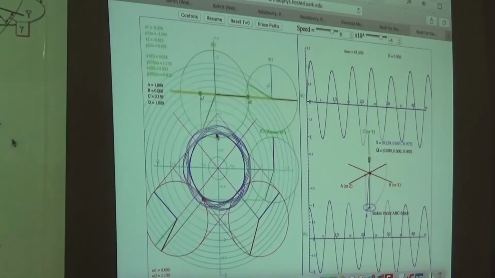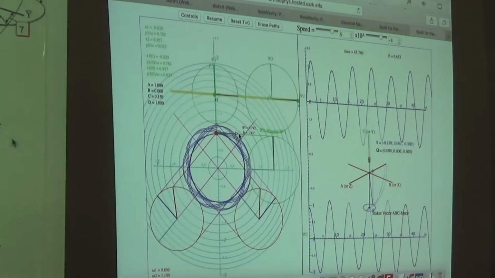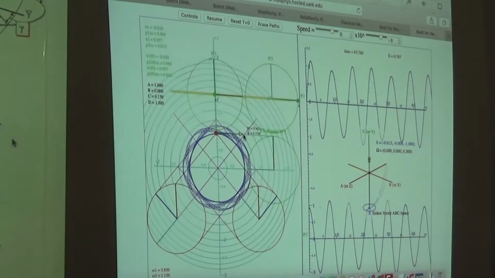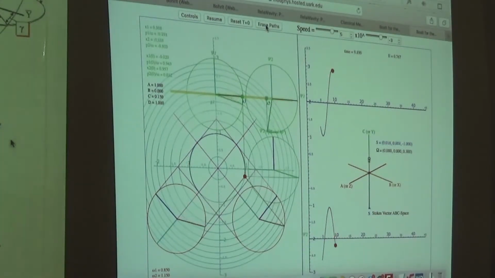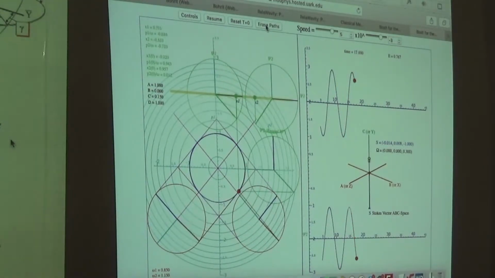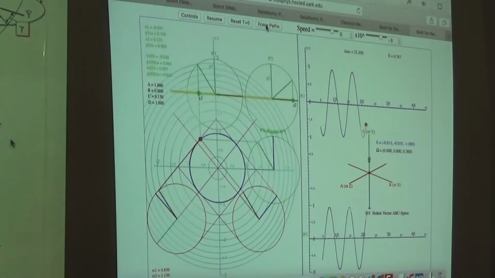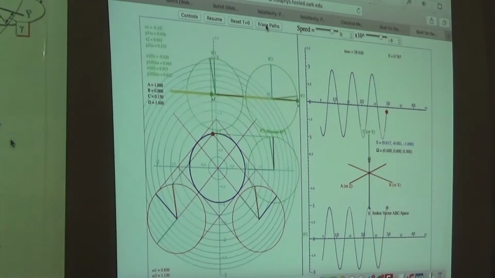What I can do, I guess, is move this thing out there and then adjust it so that the spin vector is sitting right on the axis, and then let it go and erase paths. And I've got a perfectly circular polarized thing. With left-handed, it's minus C, so that's left-handed polarization going on there.